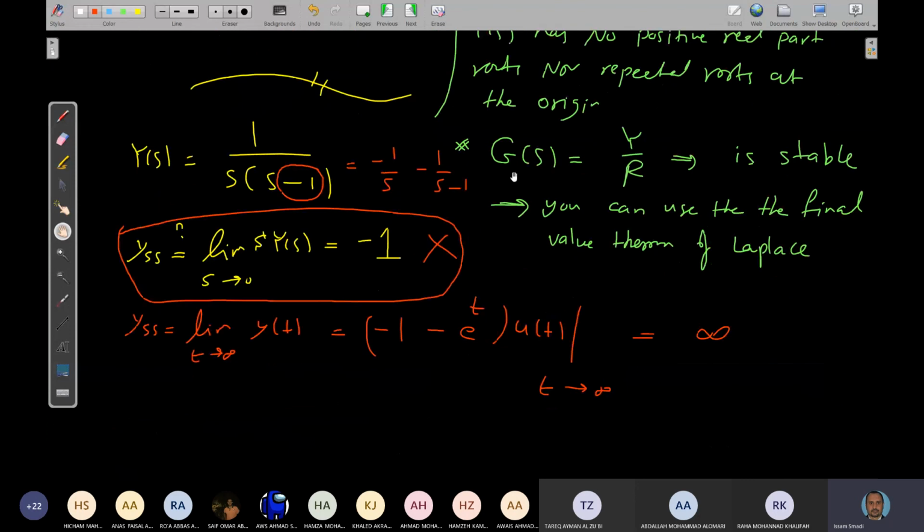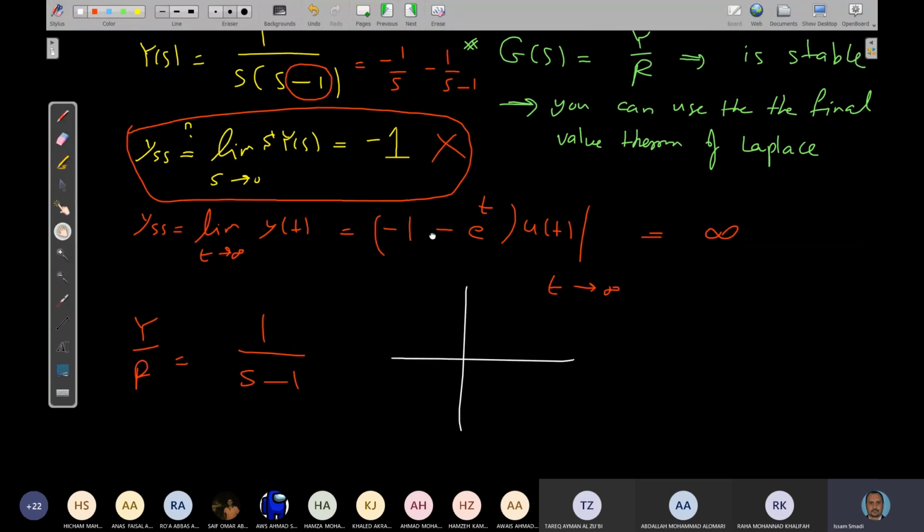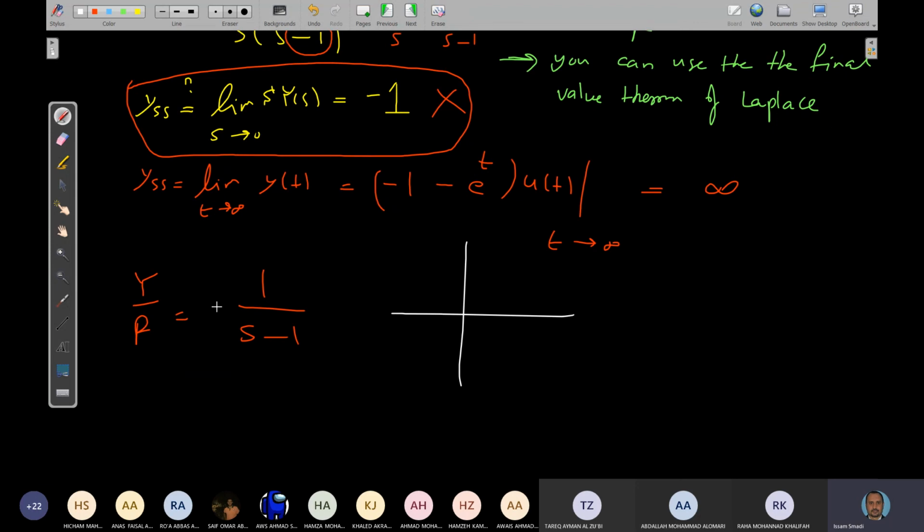Or simply, if I project it as a transfer function, and this will be easier, y over r is my transfer function, which equals 1 over s minus 1, correct? As a transfer function. And if I plot the s domain, then I have a root. Where's the root? On the right half plane. So the system is unstable.